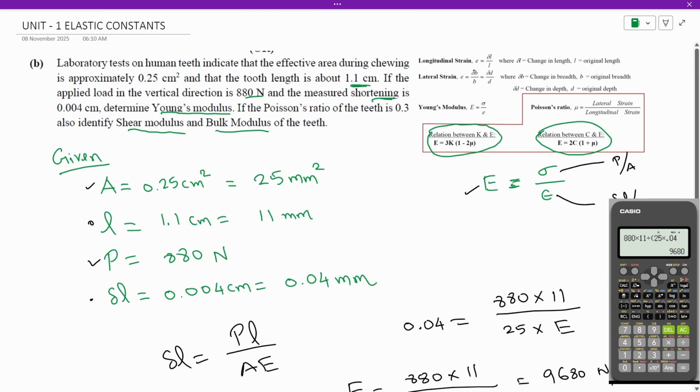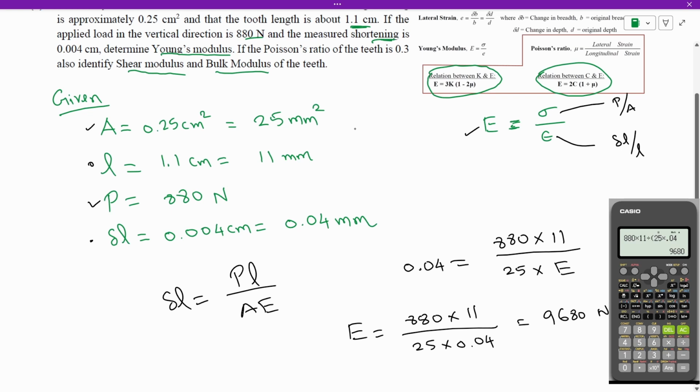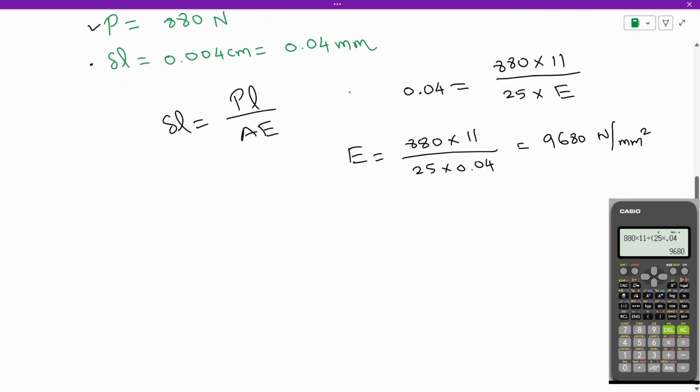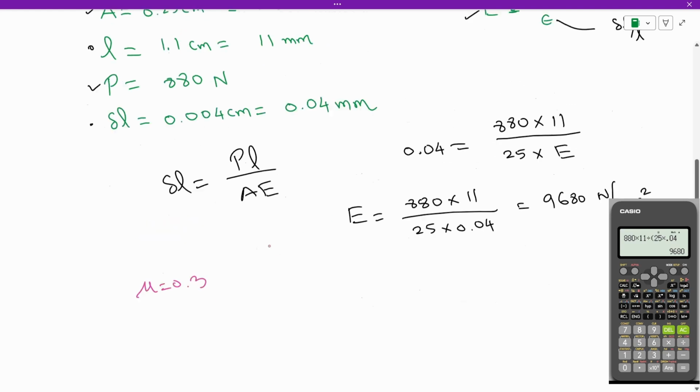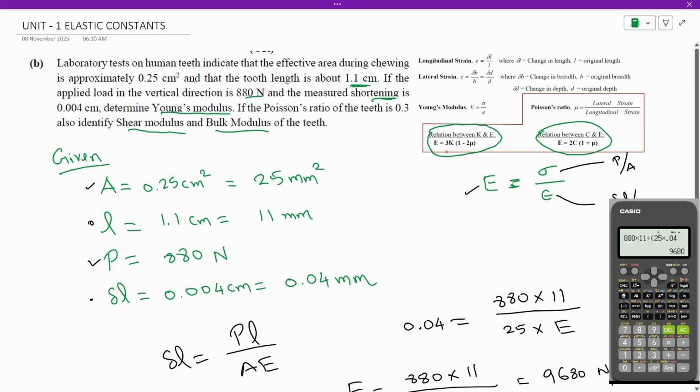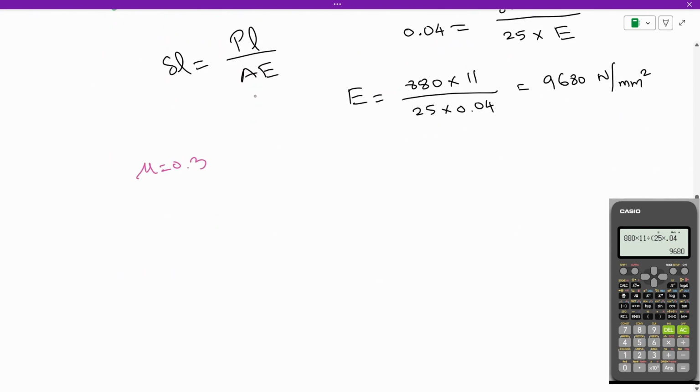Okay. So the next thing is you have to identify the K value and the C value. The Poisson's ratio is given. In the question they mentioned that Poisson's ratio is 0.3, so mu is equal to 0.3. Just direct substitution. In the first formula, we apply E is equal to 3k of 1 minus 2 mu.